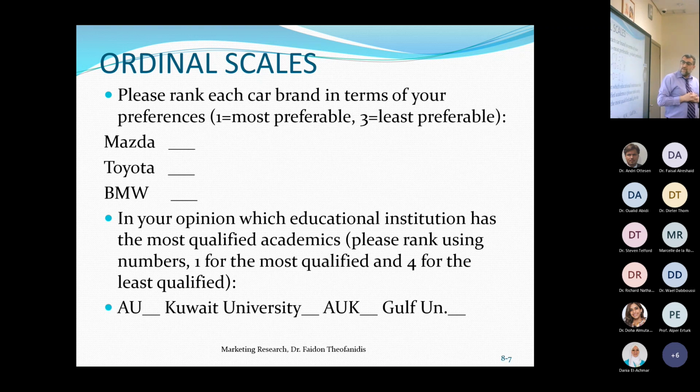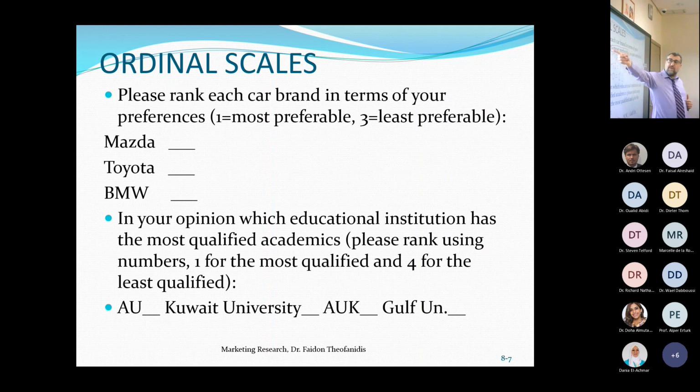Mazda. Mazda has a median of 2.1. Toyota is a 2.8. And always check here. 1 refers to most preferable. So always you need to pay attention to how you called it, what guidelines you gave consumers, and what is the result.